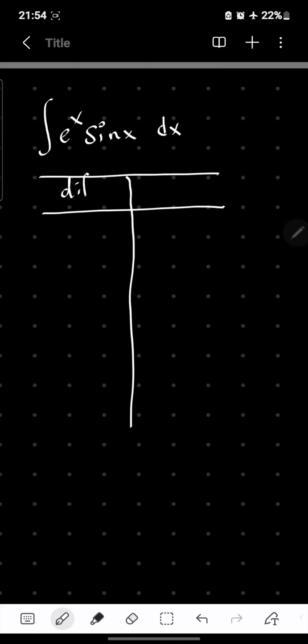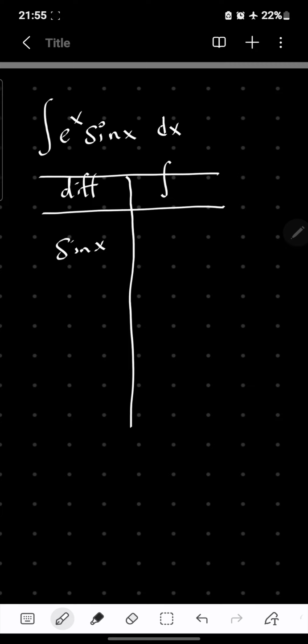So what is the function that is to be differentiated and what is the function to be integrated? Here you have a choice to take any one of them to be differentiated. I always take sine x to be differentiated because sine x is easy to differentiate, instead of going through the negative in integration.